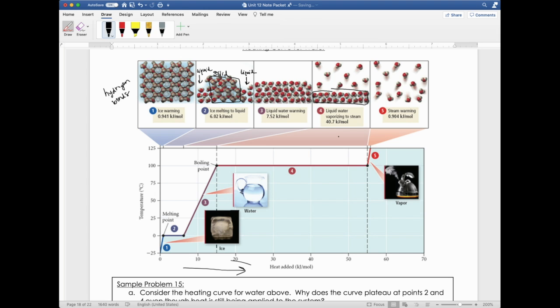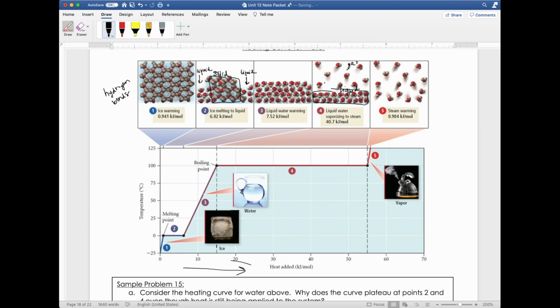This is a really nice image, actually. We have liquid water, and then we have gas towards the top. Even though energy is still being applied to the system, let's just write liquid down here. Look at all that energy that's applied. All of that energy is not going towards raising the temperature of that sample. It's going towards breaking every single hydrogen bond in that liquid water.